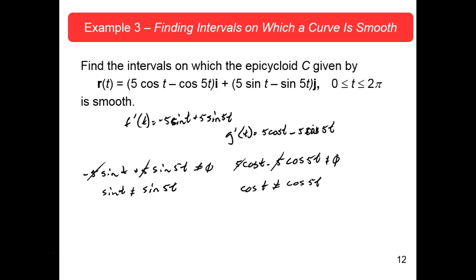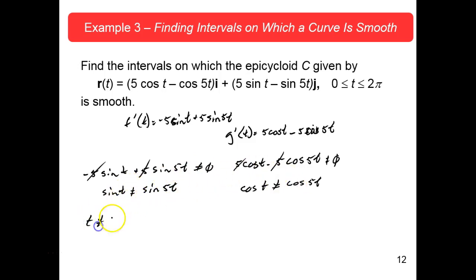Okay? Now, where are the places where they would be equal? Now, if that was an even there, a 4t or a 2t, there might be a bunch of them. But with 5t, there's not going to be that many where they're equal. Where's one place they're going to be equal? At 0, certainly. So t cannot equal 0 because those would equal each other at both of those when t is equal to 0.